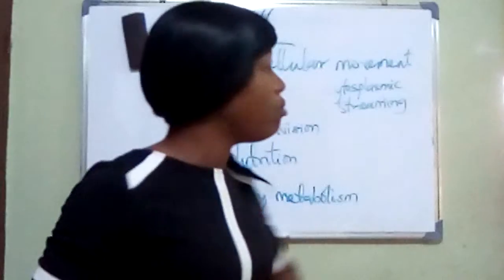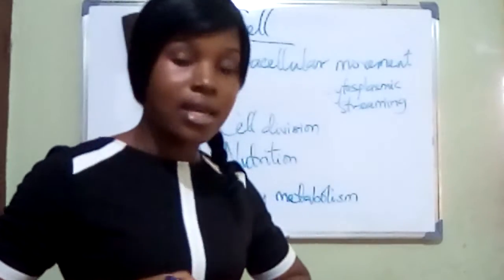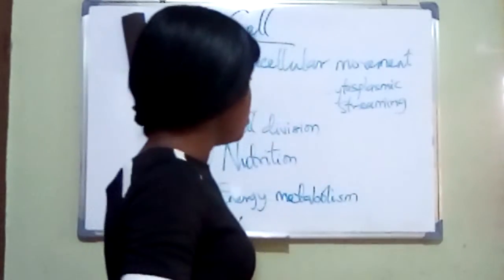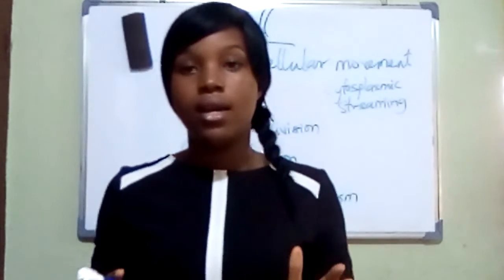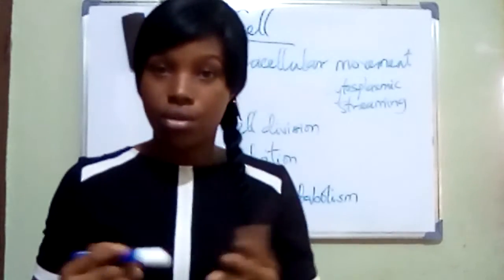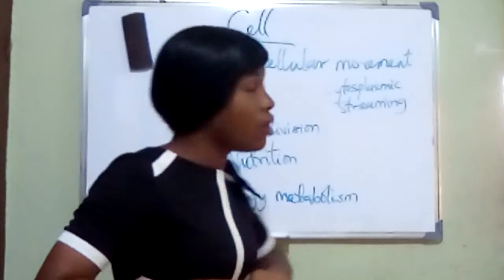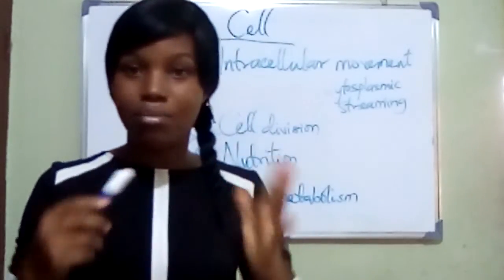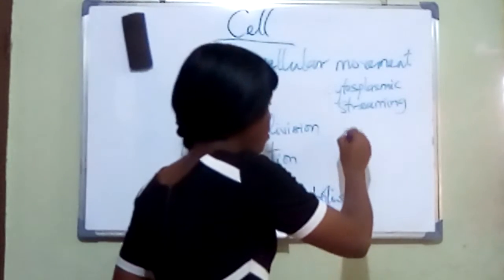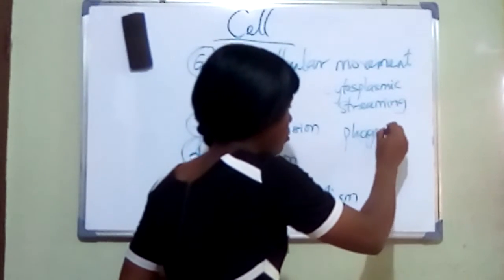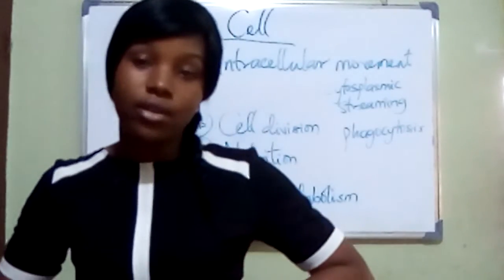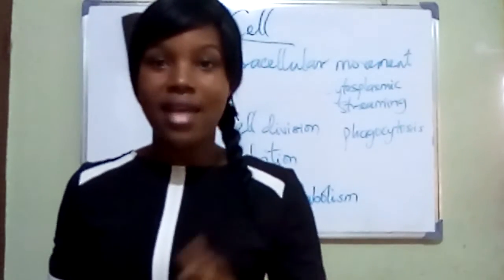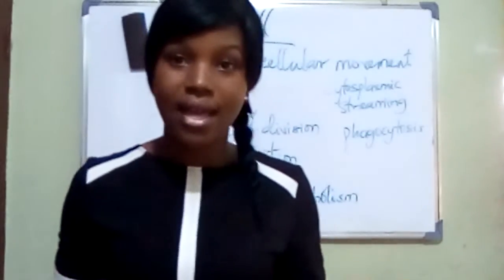And another form of intracellular movement is endocytosis. Endocytosis is when the cell membrane covers or engulfs, so to say, substances, liquid or solid. And when it is solid particles or microorganisms, we have phagocytosis, where the cell kind of eats up another cell, microorganism or substance.